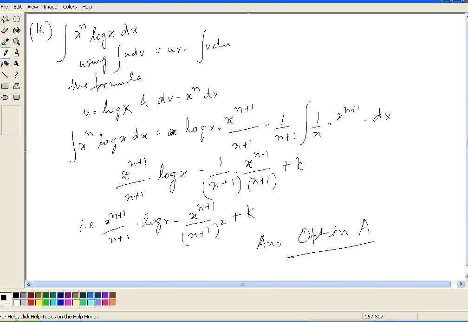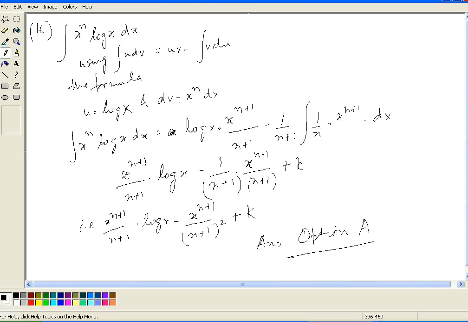Now integrating x power n log x dx would be log x into x power n plus 1 by n plus 1, minus 1 by n plus 1 integral of 1 by x into x power n plus 1 dx, which is nothing but 1 by n plus 1 whole square, x power n plus 1.